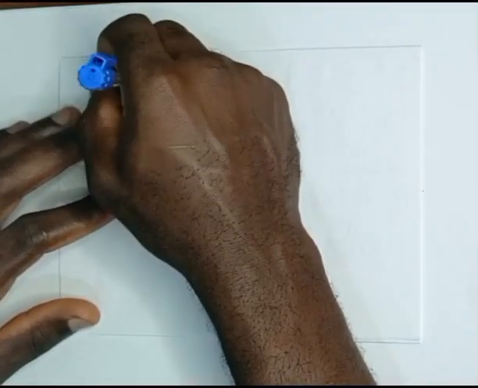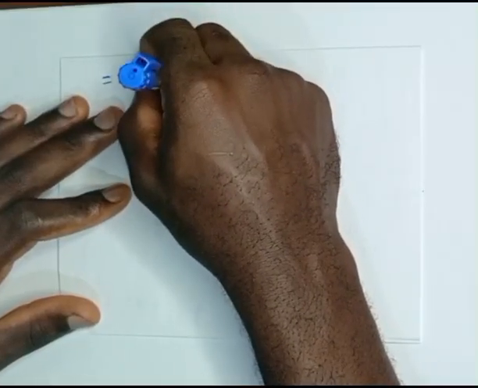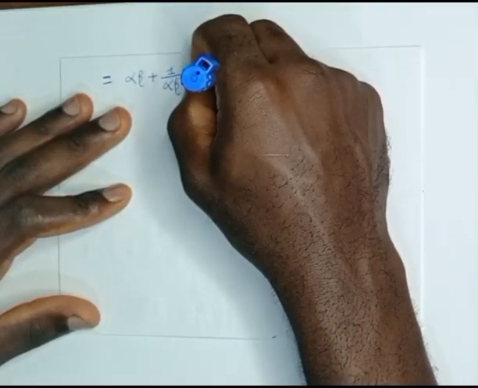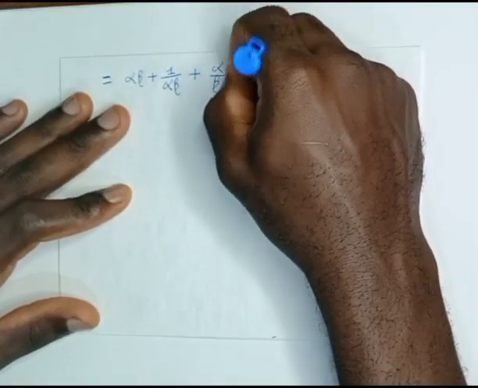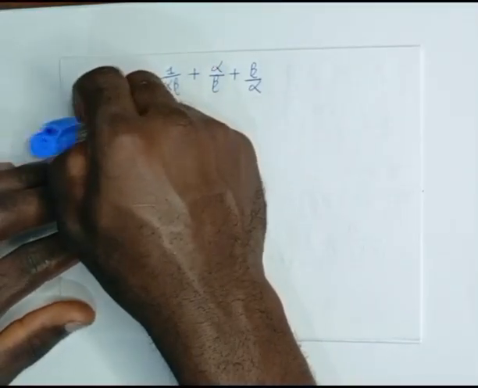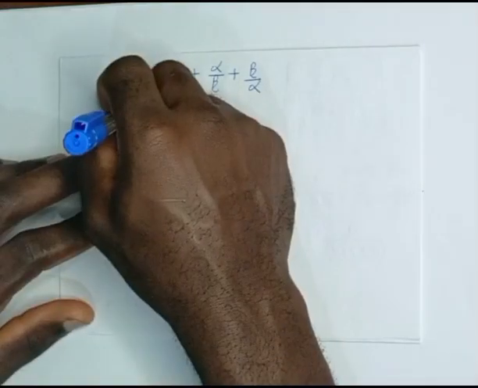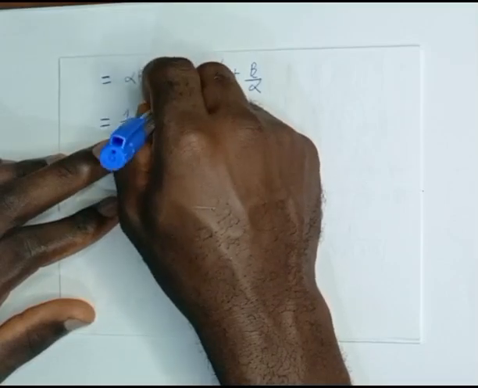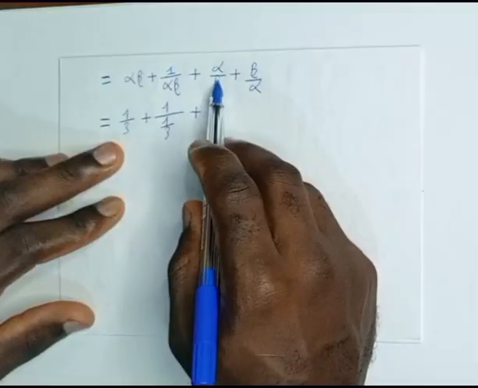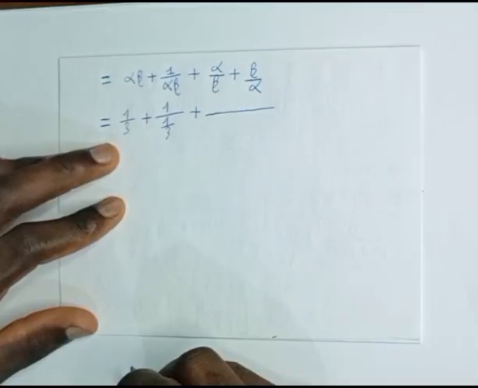This will simply be equal to alpha beta plus 1 all over alpha beta plus alpha over beta plus beta over alpha. We know that alpha times beta is equal to 1/3, plus 1 all over 1/3, plus, we have to add these two algebraic fractions. We need to start by finding the LCM of the denominators.